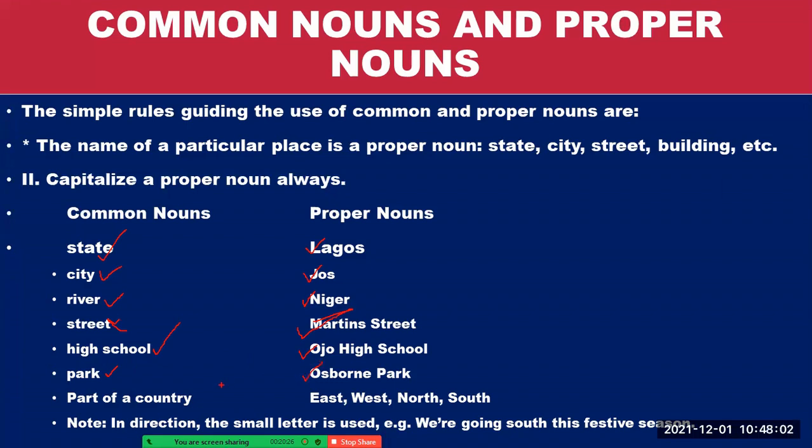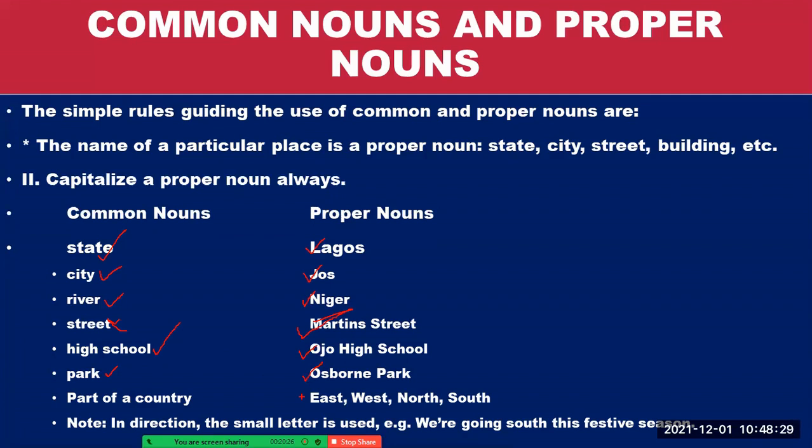Then talking about part of a country, such as east, west, north, south. Now, when you are referring to a particular part of a country as a name of that region, then you treat it as a proper noun, and it has to be capitalized.